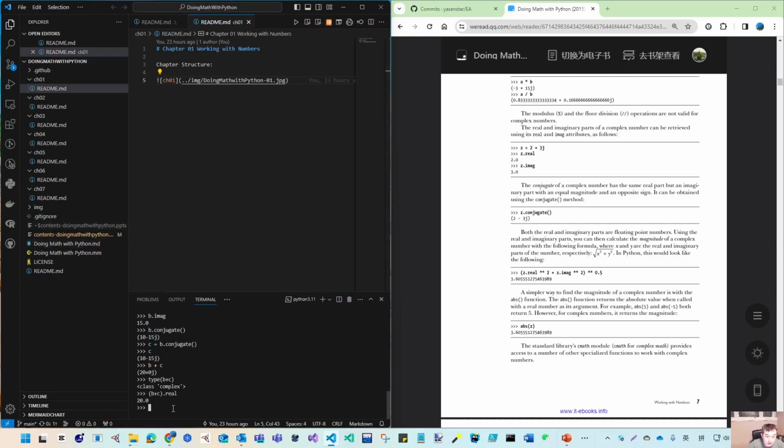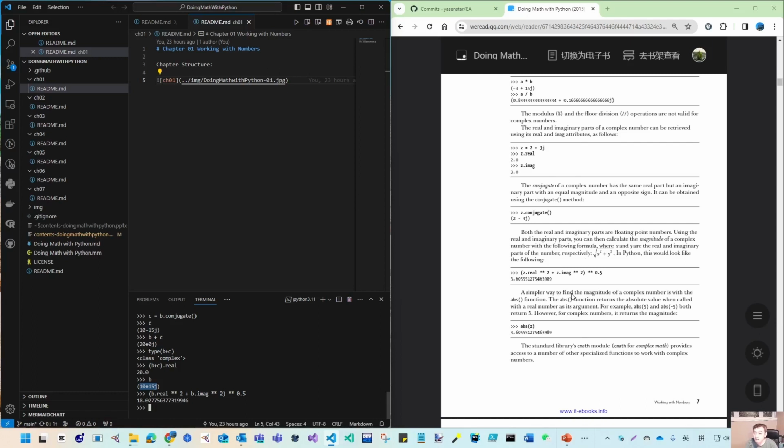If my b is this one, I can do b dot real, and you don't need parentheses because b dot real is just a single number, so you can just use the power. Then b dot imag, then power, then power 0.5. Then I got 18 point something.